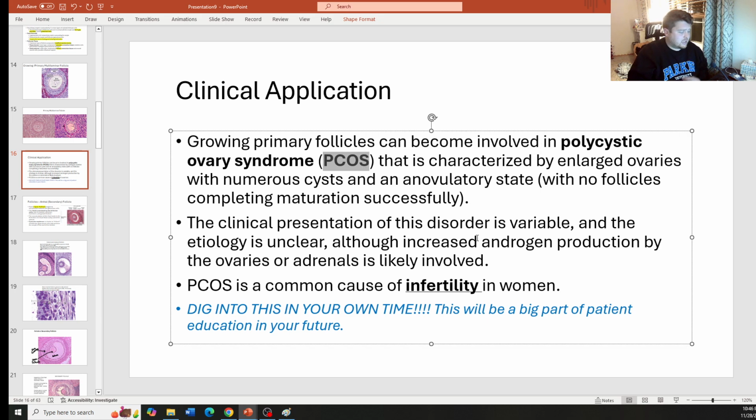This is a continuously rising concern in the United States right now. A ton of women are experiencing PCOS. There are some articles and some studies out there that suggest there is a linkage to modern birth control, specifically the hormonal pills that a lot of people have been taking.